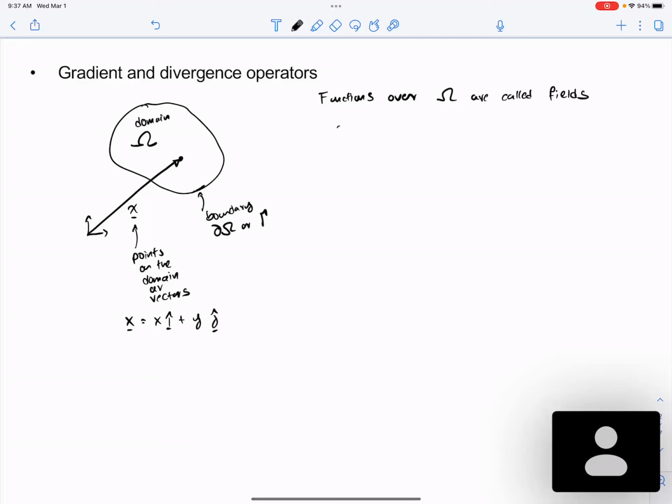So there can be scalar functions, like the temperature. And I'll illustrate that in a little bit. If I say that they should be called fields, I should say scalar fields. Vector fields, for example, a displacement field.